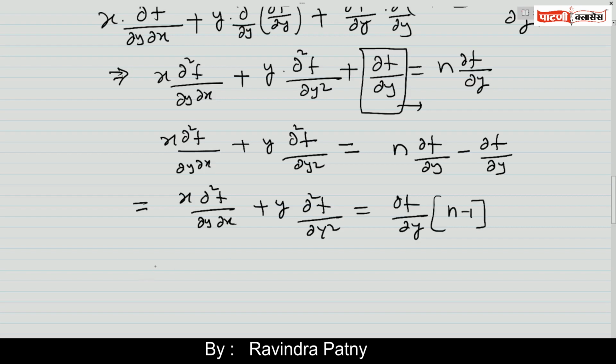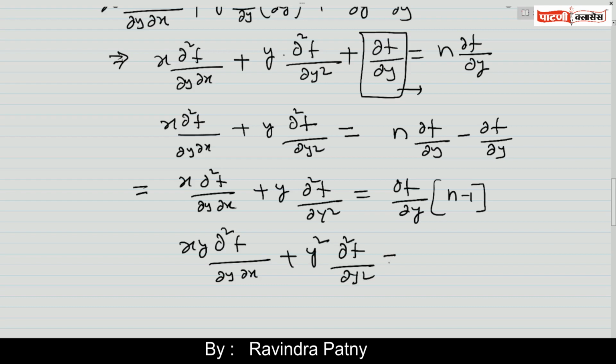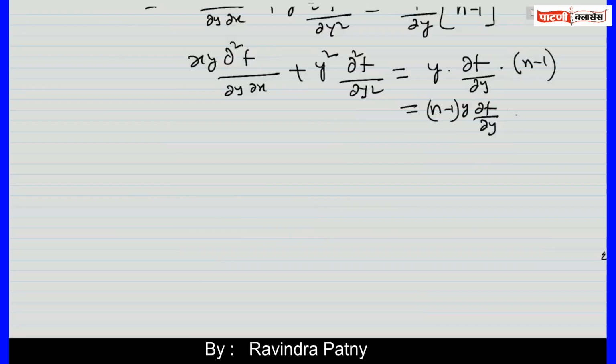Now multiplying both sides by y, so xy ∂²f/∂y∂x plus y² ∂²f/∂y² equals y into ∂f/∂y into n minus 1, writing properly, n minus 1 into y ∂f/∂y. Call it equation number 7.